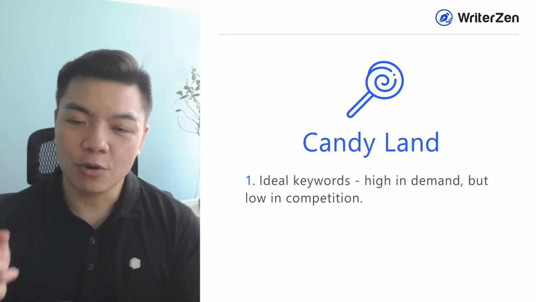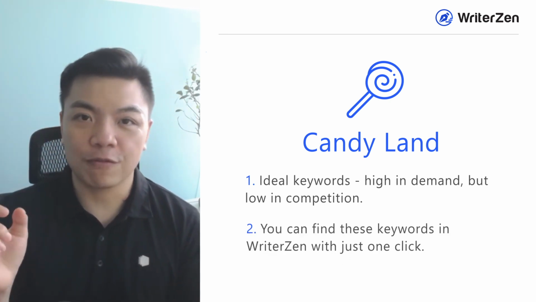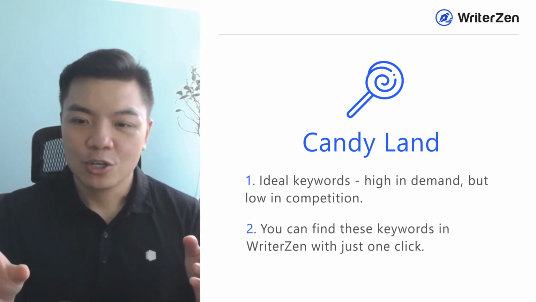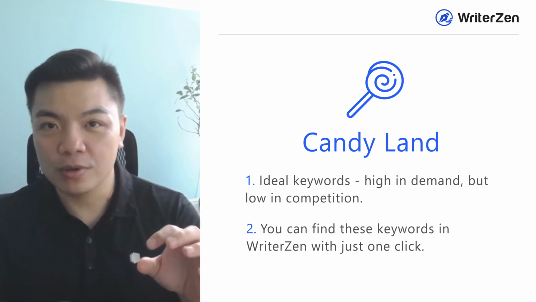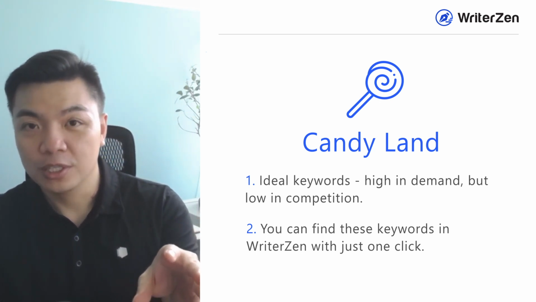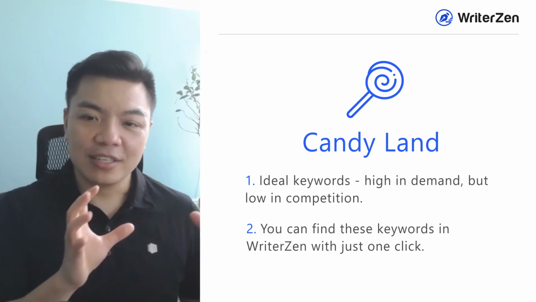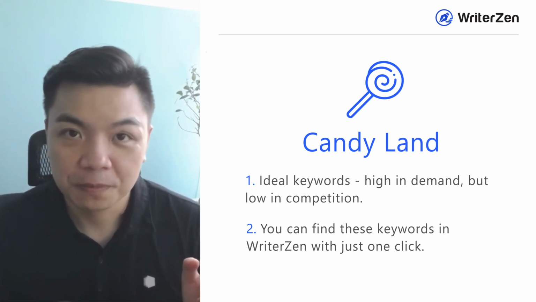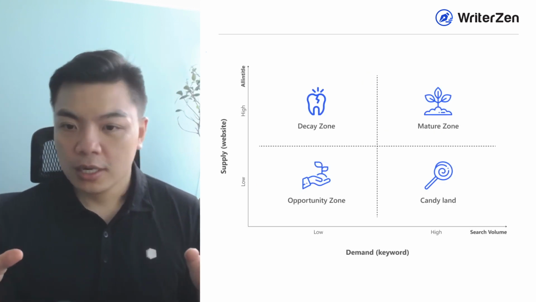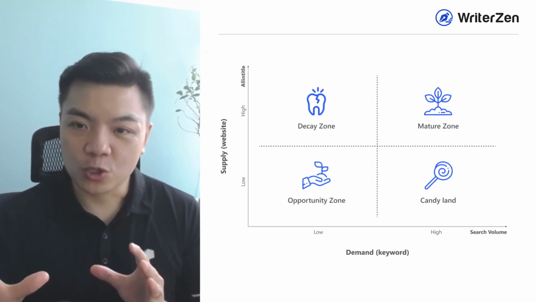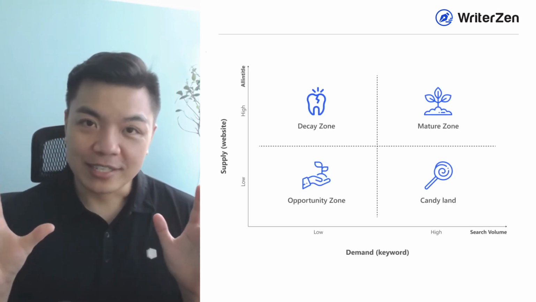Only in Zen are you able to, with just one click, find all the keywords that have high search volume and low supply, or low ON title. And very quickly you're able to form right away which zone each keyword belongs to. So that would be the fourth zone of our Zen Matrix.